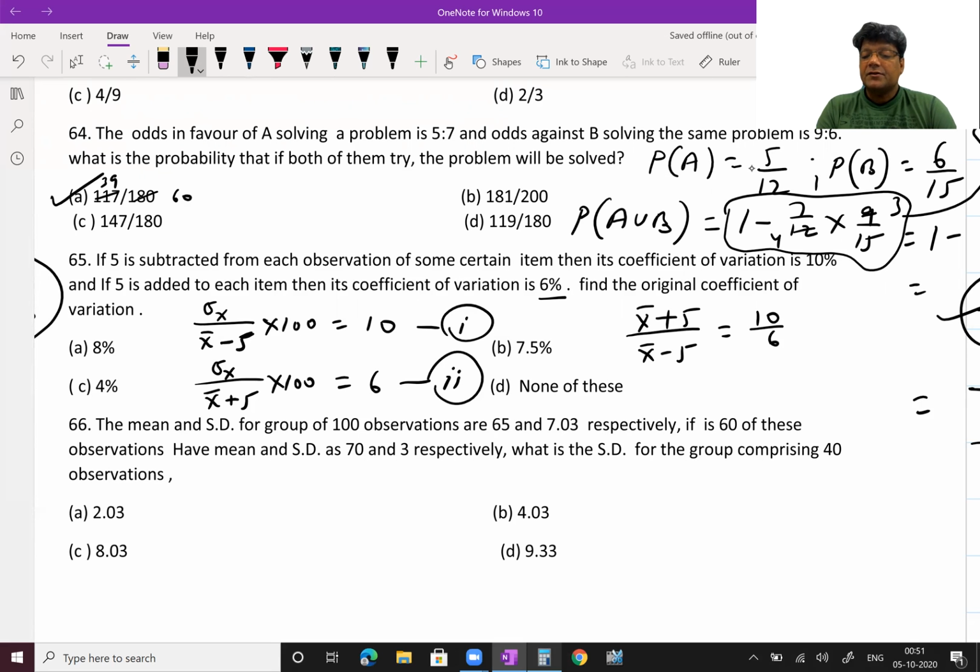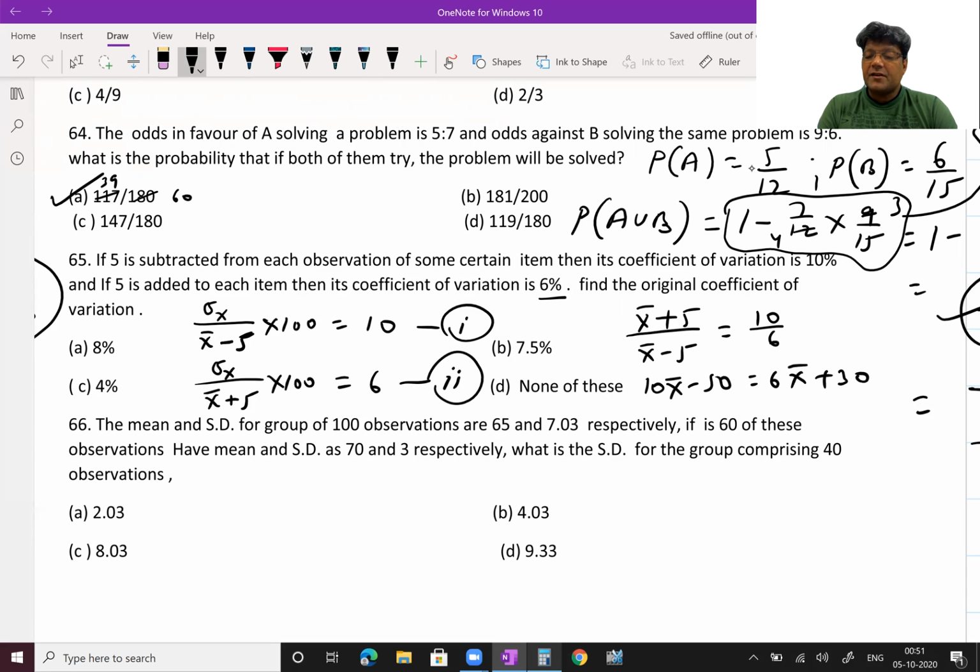Now if I cross multiply, 10 by 6, 10 multiplied with the denominator, 10x bar minus 50 is equal to 6x bar plus 30.